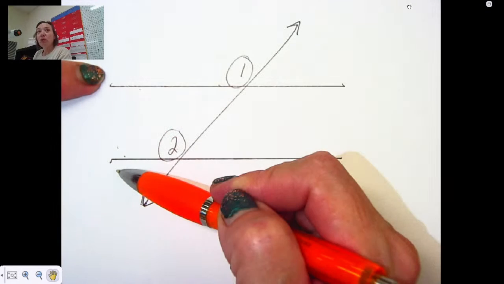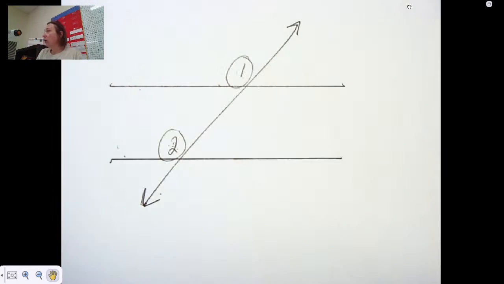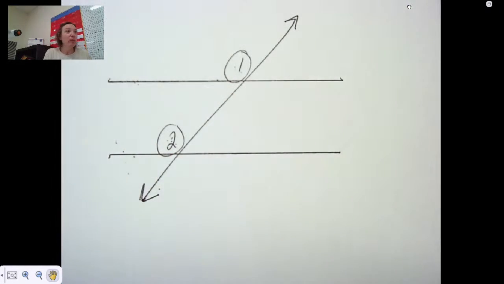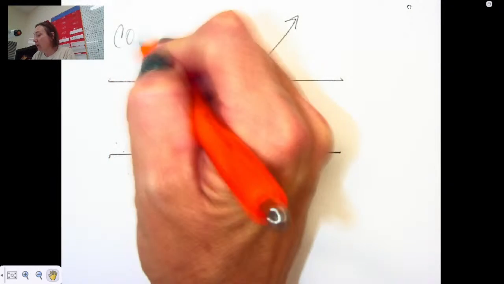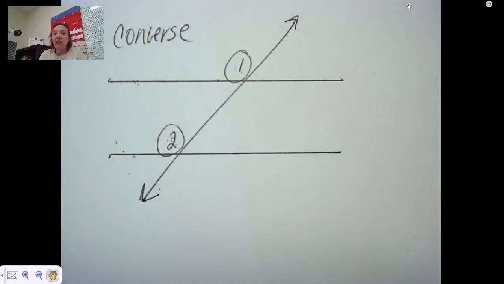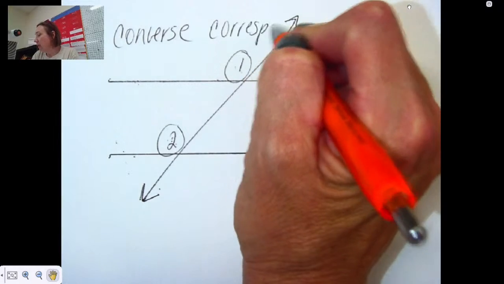That means that these two lines must be parallel. If these corresponding angles are congruent, then this line and this line has to be parallel. It's the exact same concept. You're just going through the back door instead of the front door. And our reason would be the converse. Remember, converse is when you switch your P and your Q, right? So it'd be the converse of the corresponding.